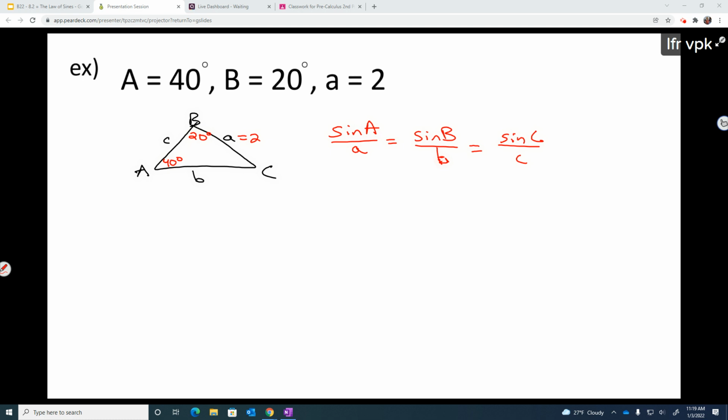All right, so what we're going to do is choose one of these. We're looking for a pair where we know both of the variables. So which pair do we know? All right, we know A. So we're going to choose A to start with. And instead of writing the sine of A, we're going to write the sine of 40. A is 40. So sine of 40 degrees over little a, which is 2.